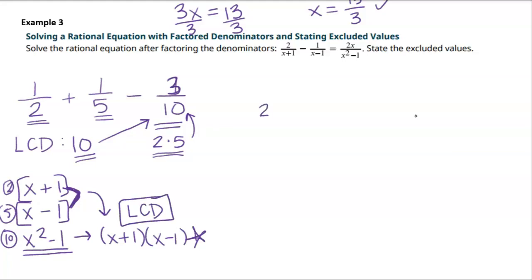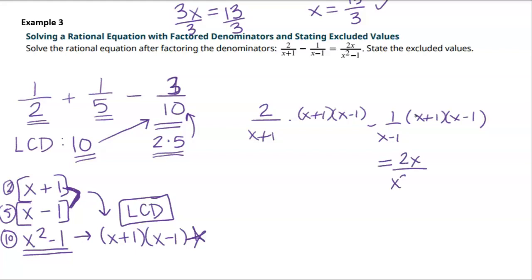So I'm going to multiply this first term by x plus 1 times x minus 1. I'm going to multiply my second term by x plus 1, x minus 1. And I've run out of room here, so I'm going to just say is equal to 2x over x squared minus 1, and kind of put it in its own line right there.